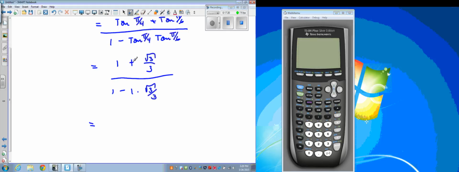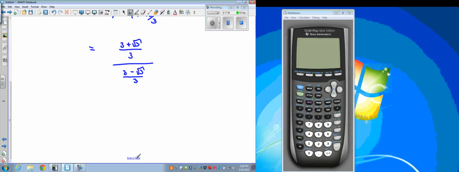So then we get the common denominator. So this is going to be 3 plus the square root of 3 over 3, and the denominator is going to be 3 minus the square root of 3 over 3. This is almost the same thing that we did before, right? 3 plus the square root of 3 over 3 minus the square root of 3, because we invert that thing, multiply, and the 3's go out.